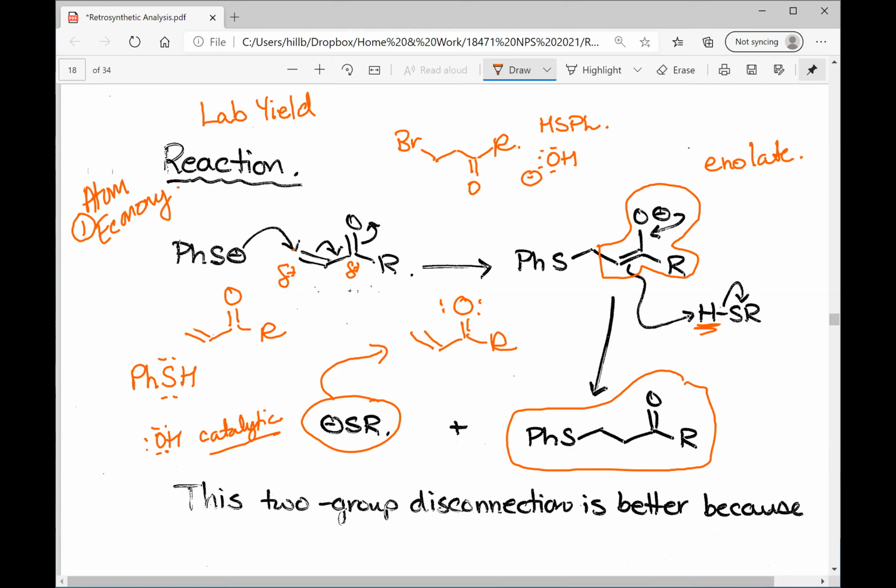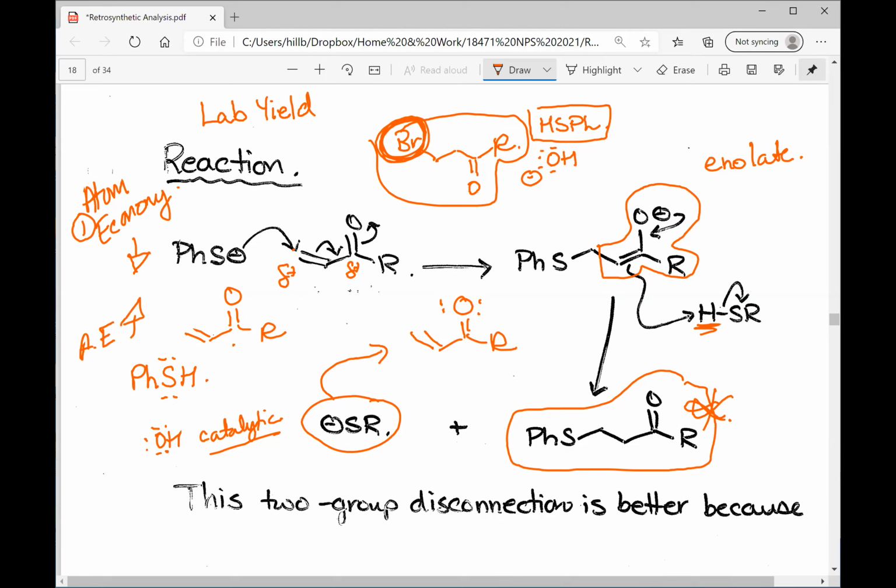So if this is reagent A and this is reagent B and our final product is down over here, we are basically losing a large atom, bromine, a good leaving group, useful, but from an atom economy standpoint, this reaction is going to be quite low. It's not going to be very good. Whereas if you've got these reagents here, like an enone plus this thiol, now the atom economy of this reaction is going to be much higher.